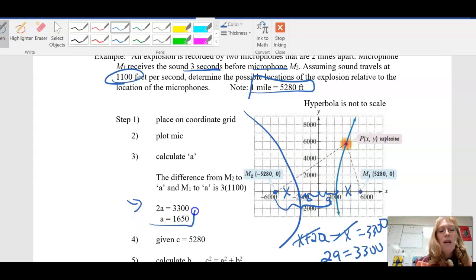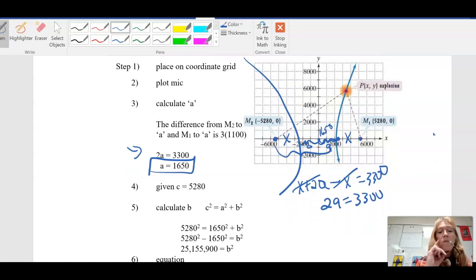Divide that out, and a is 1650. So the distance from here to here is 1650. So we've got our a value. c is given to us also, because c is the distance to the foci. Well, I know the foci is 5,280. So we've got our c value.